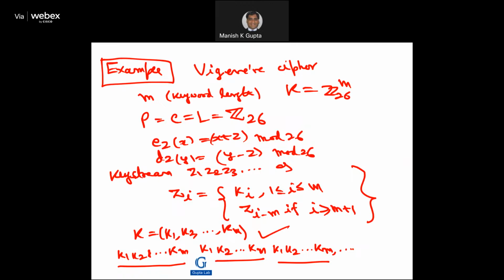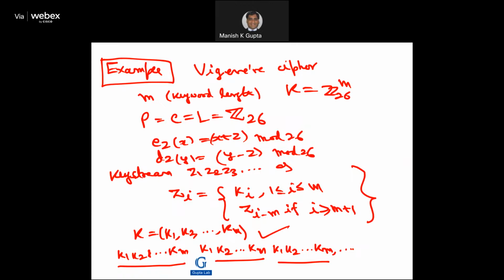The question is, can we get all block ciphers as a special case of some stream cipher? Yes, if the key is constant throughout.